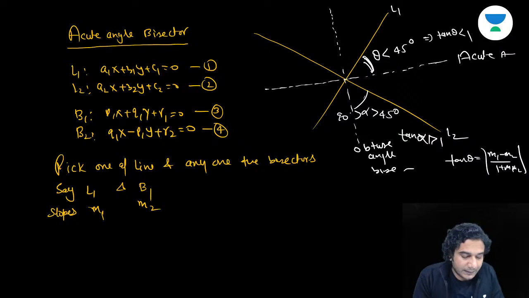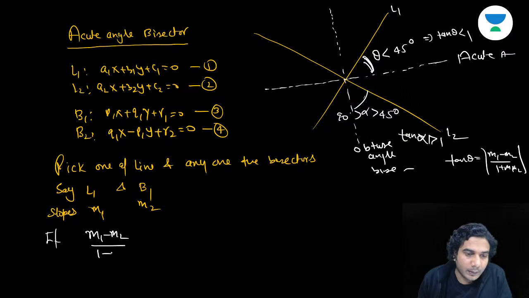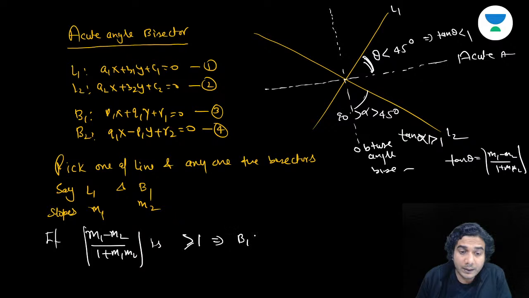Similarly, if tan theta comes out to be more than 1, then the bisector we have selected is the obtuse angle bisector. In that way we can differentiate. So if mod of (m1 − m2) upon (1 + m1 m2) is greater than 1, then this implies that b1 is the obtuse angle bisector.